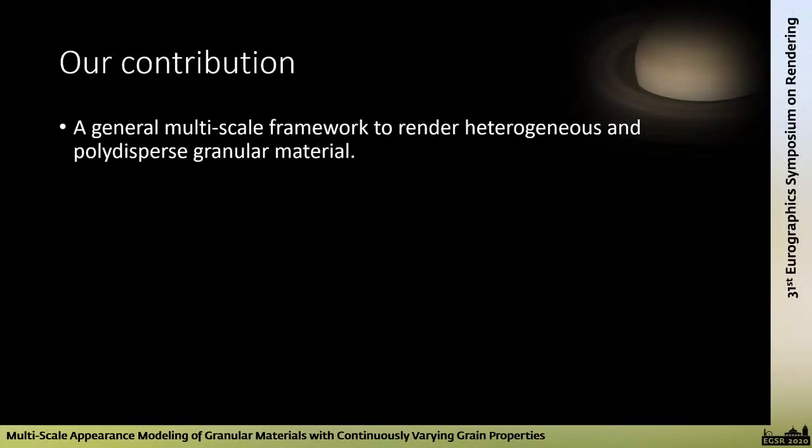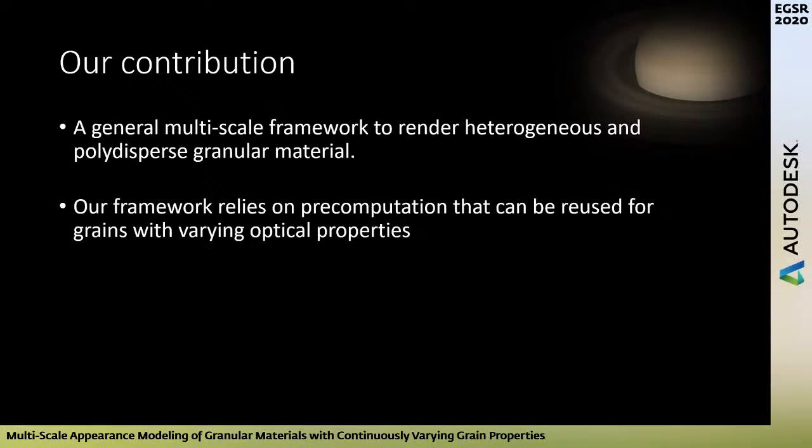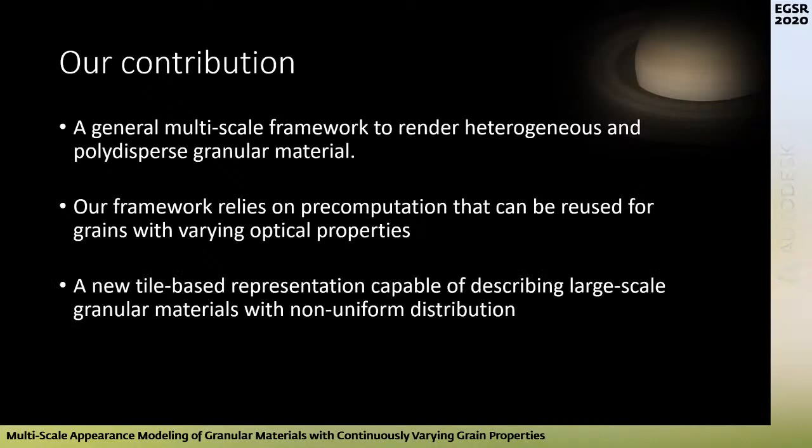In our paper, we introduce a new multi-scale framework to render heterogeneous and polydispersed granular material. Different from previous work, our framework relies on a pre-computation that can be reused for grains with varying optical properties. We also proposed a tile-based representation that can be used to describe large-scale granular material with non-uniform distribution.